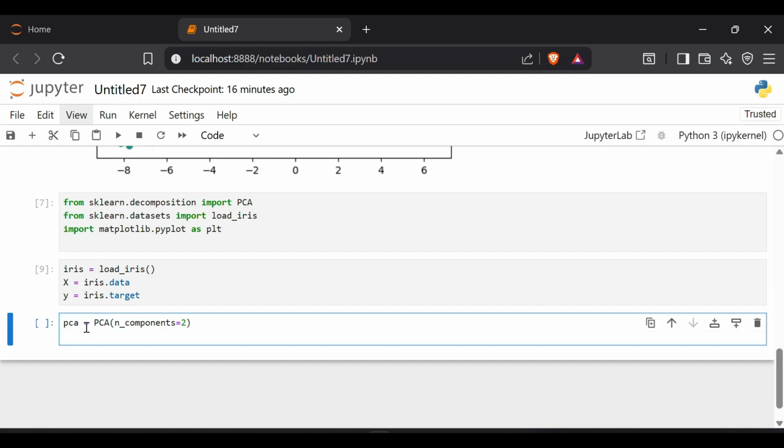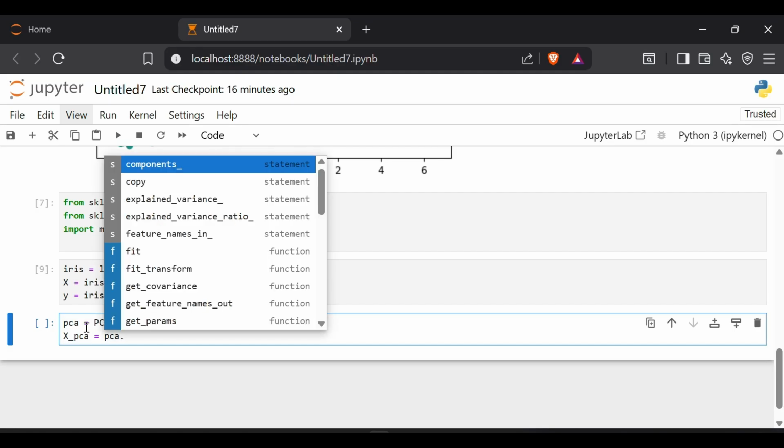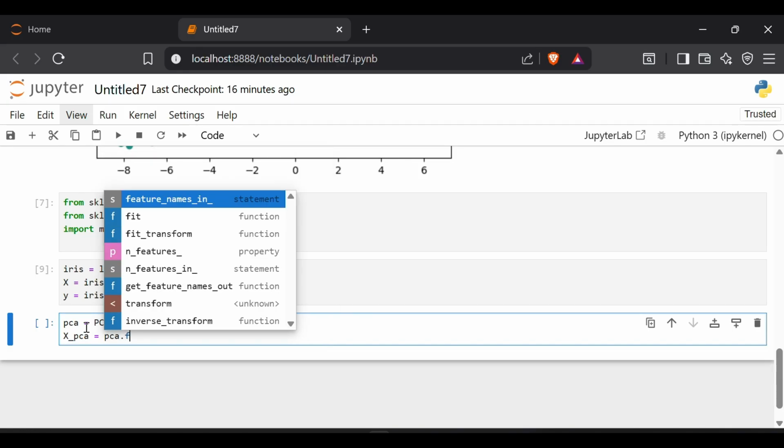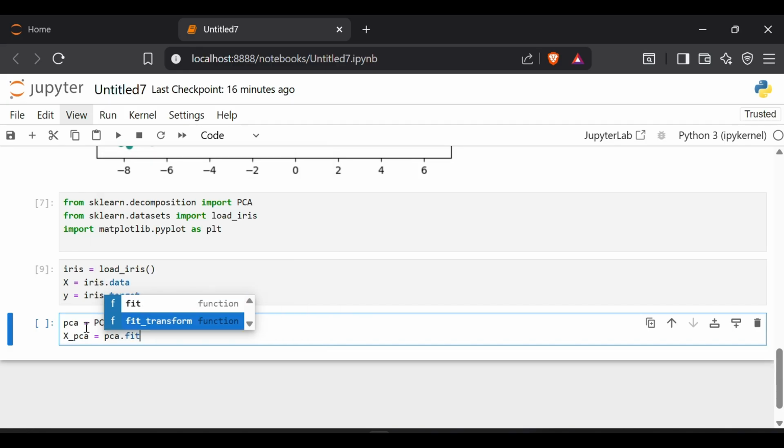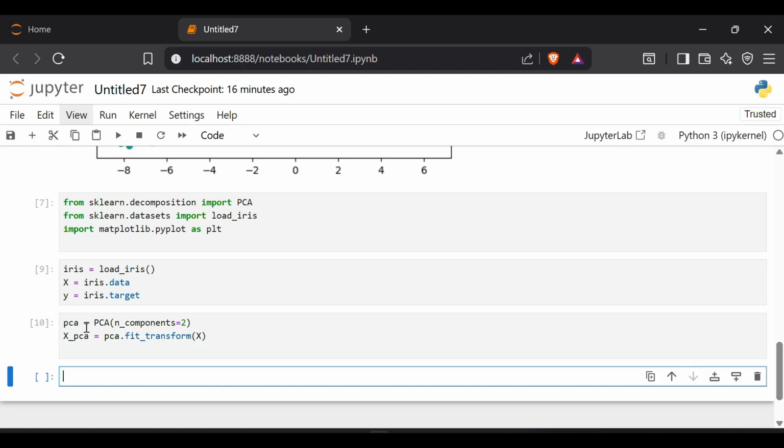Then we will create X_pca is equal to pca.fit_transform, and we'll give the value of X. So here we have fit the transform of our PCA on the value of X.